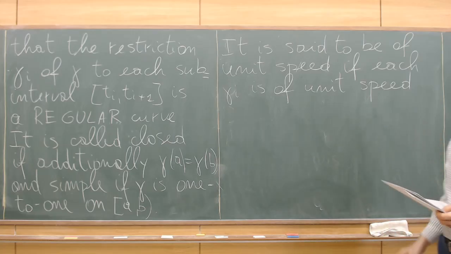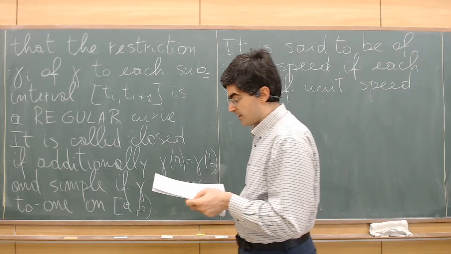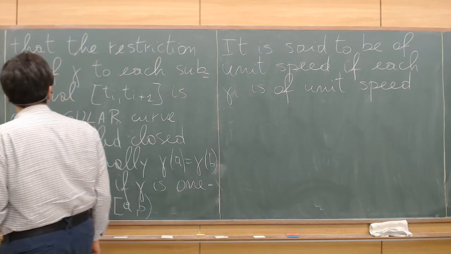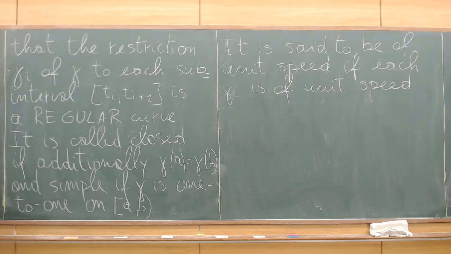This definition says that there exist finitely many times at which gamma is not smooth but only continuous.